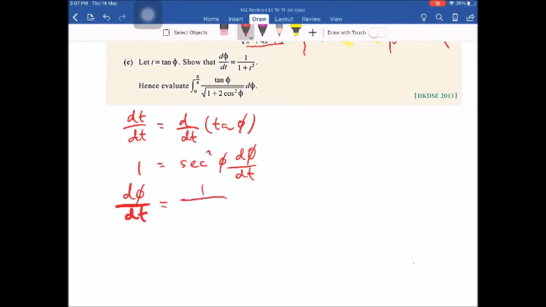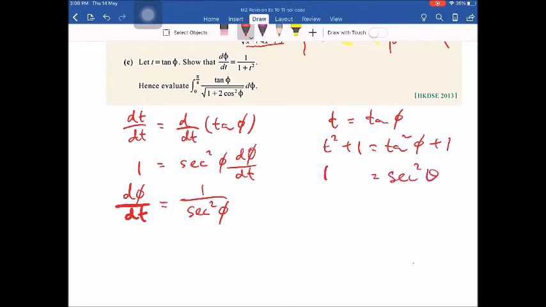So d phi dt is 1 over secant squared phi. It seems that it is not in terms of t, but you know that t squared plus 1 is tangent squared phi plus 1, so secant squared phi is t squared plus 1. So the answer is 1 over t squared plus 1. Done this part.